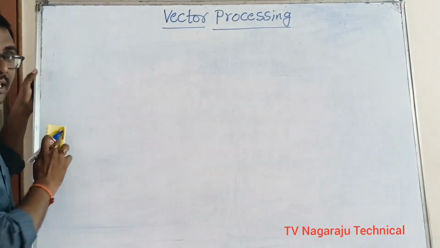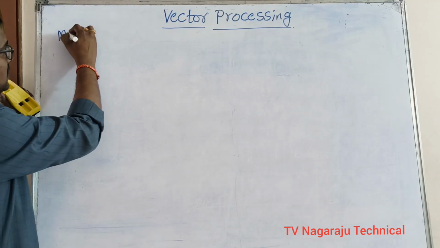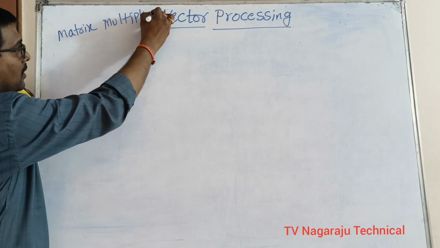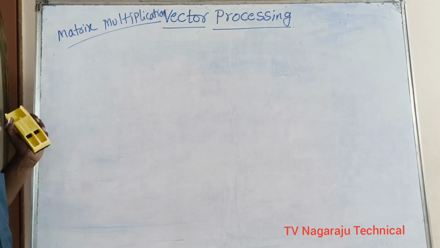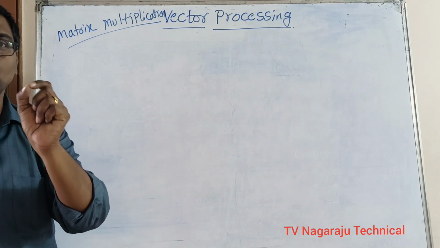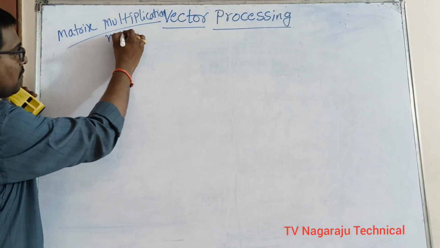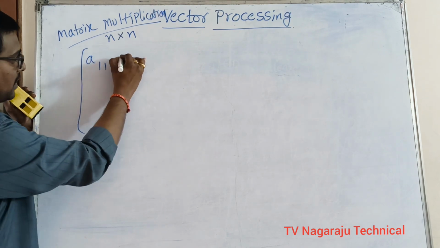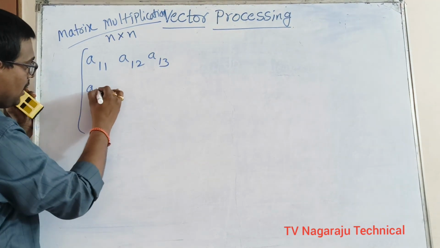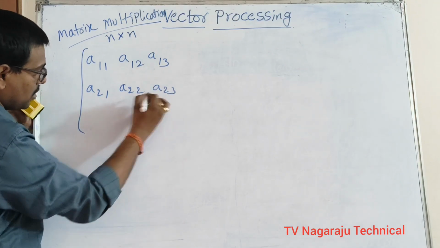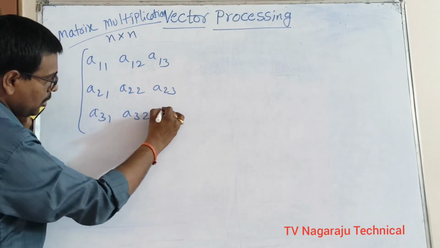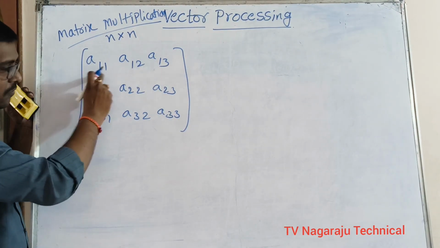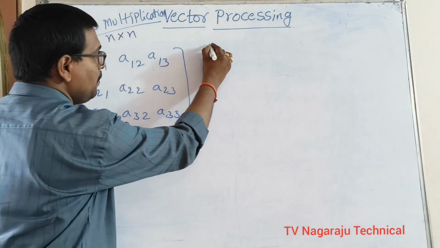Now, to understand vector processing, we will consider one example: matrix multiplication. This is a very computationally intensive problem. Consider two matrices, and assume the size of each matrix is n by n. Here I am writing the matrix A: A11, A12, A13 is the first row, then the second row A21, A22, A23, and the third row A31, A32, A33.